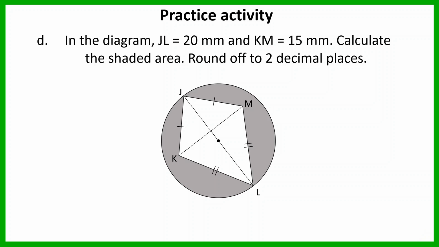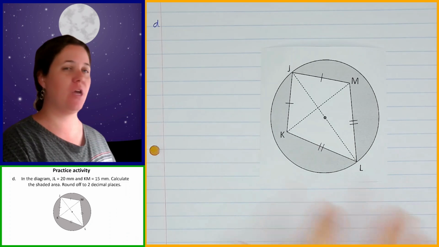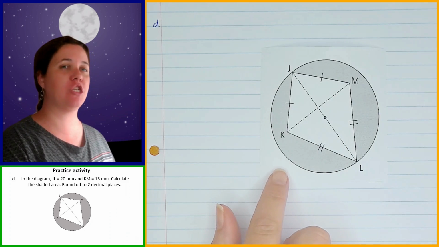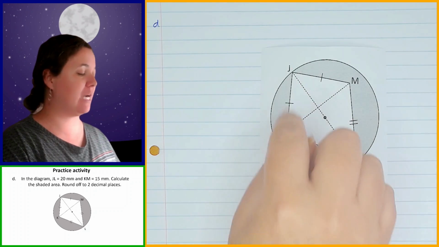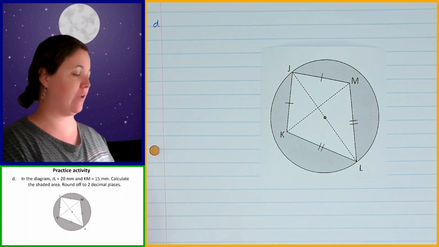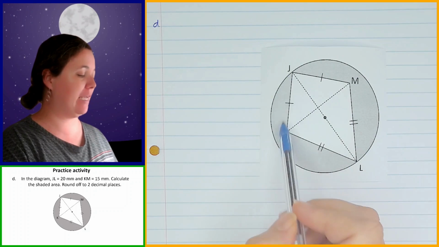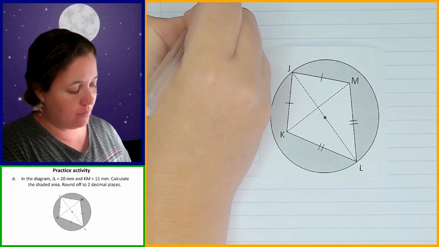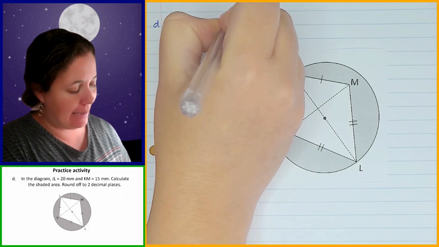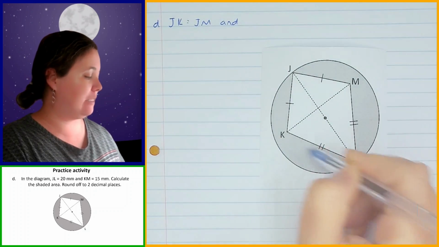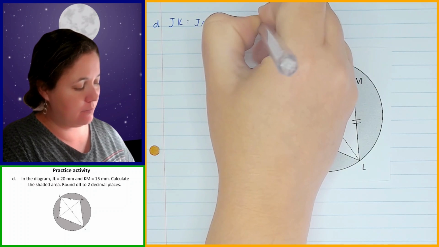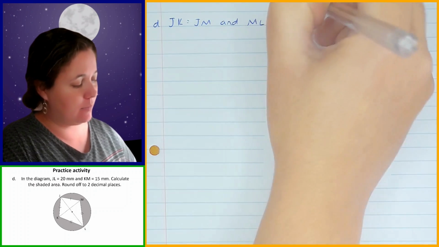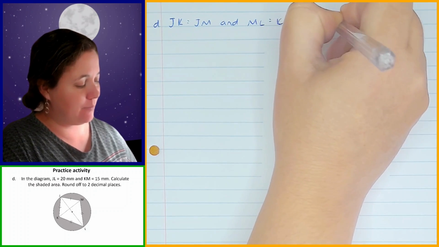Okay, so let's go through that question and see what you should have got. Right, so first of all, for this question, you had to identify what type of quadrilateral this is over here. So they told you that JK is equal to JM, and that ML is equal to KL, and that was given.